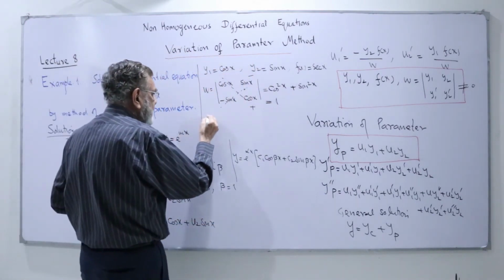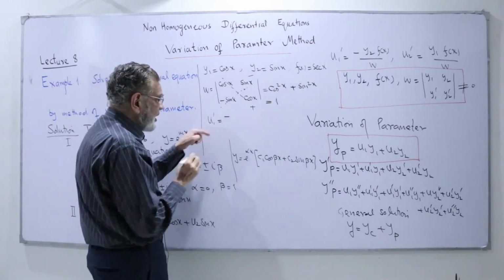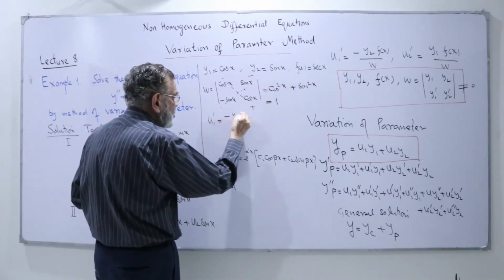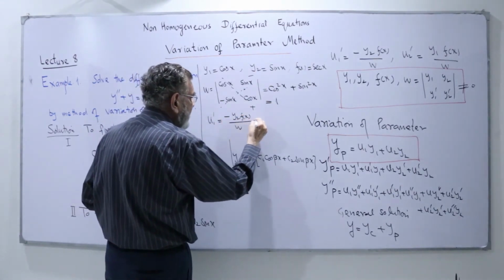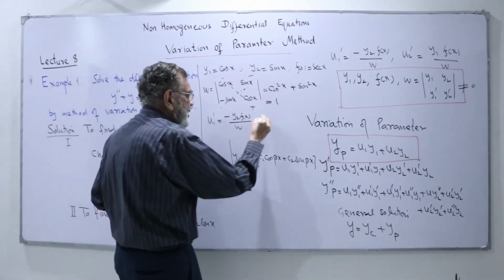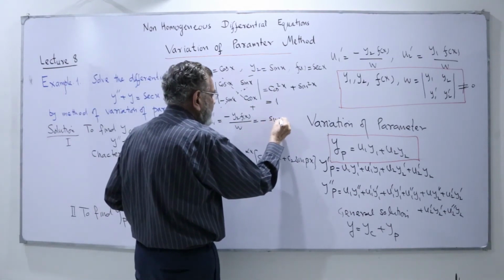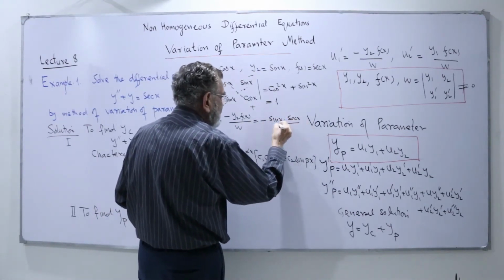Now I can write my u1 dash. My u1 dash is minus y2 f of x over w. First, y2 is our sine x, sine x into f of x. f of x is secant x, over w, that's equal to 1.